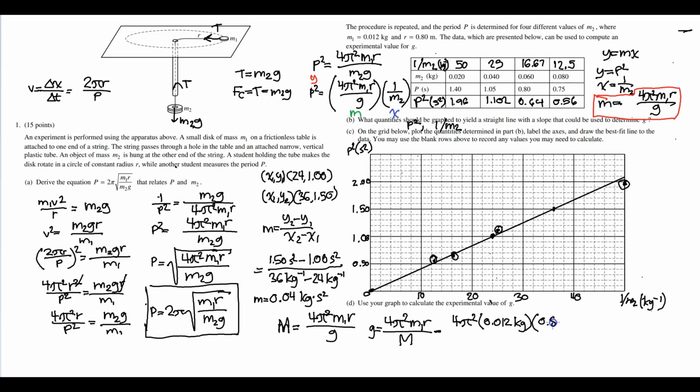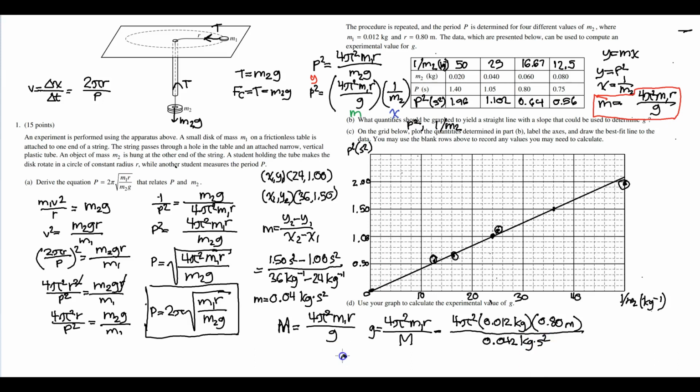Be careful with how you put in your numbers. That over the M we just got from our graph, about 0.042, a more exact value, kilogram seconds squared.